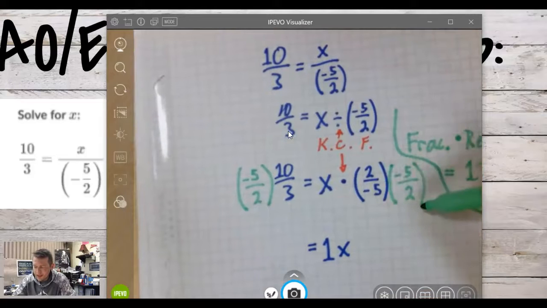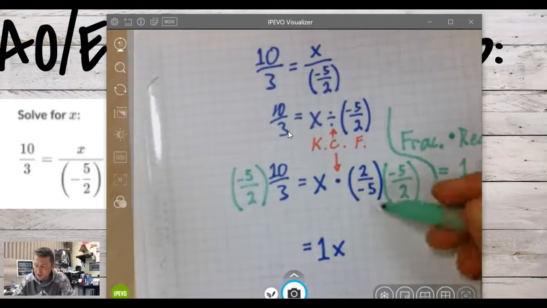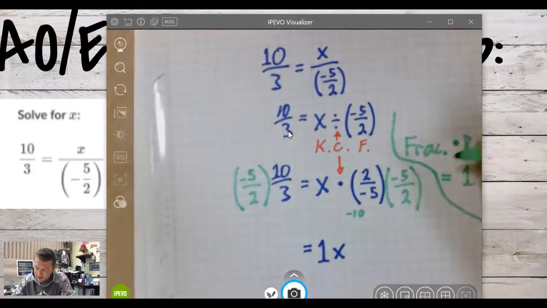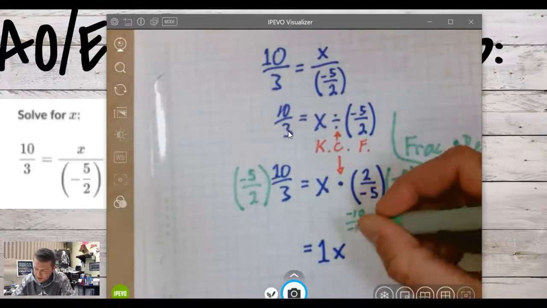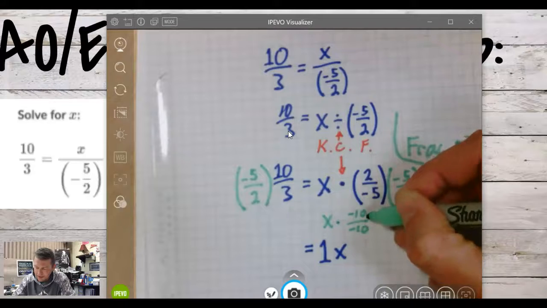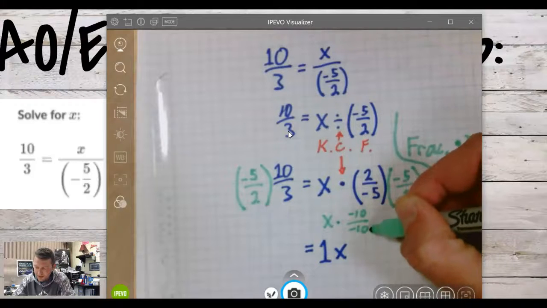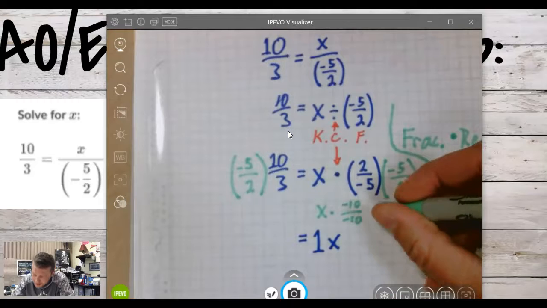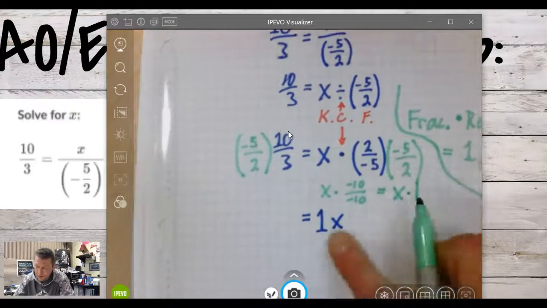So this right side, if we show the work, is going to become 2 times negative 5 is negative 10, and negative 5 times 2 is negative 10, and x times negative 10 over negative 10, well, a value over itself is just 1, so that gets our x times 1, or just 1x.